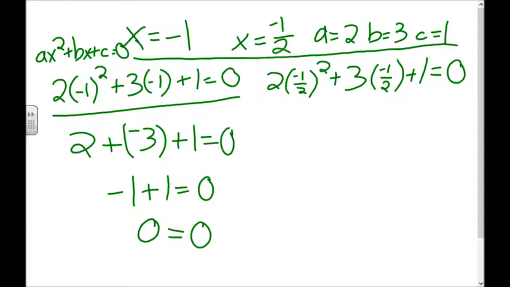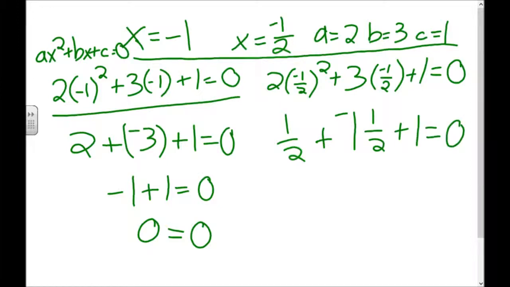Now we have to do x equals -1/2 on the other side. So here, first we start off with -1/2 squared, which is 1/4, and so 2 times 1/4 is 1/2. Now 3 times -1/2 is -1.5 plus 1 equals 0.